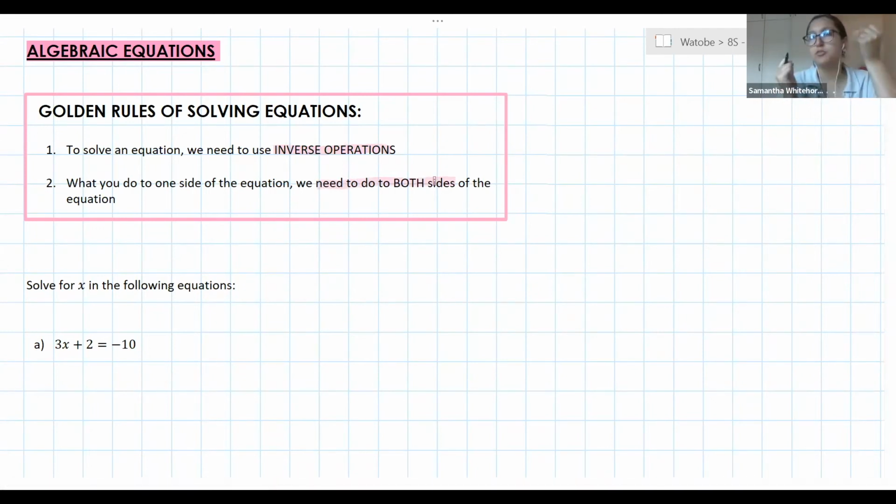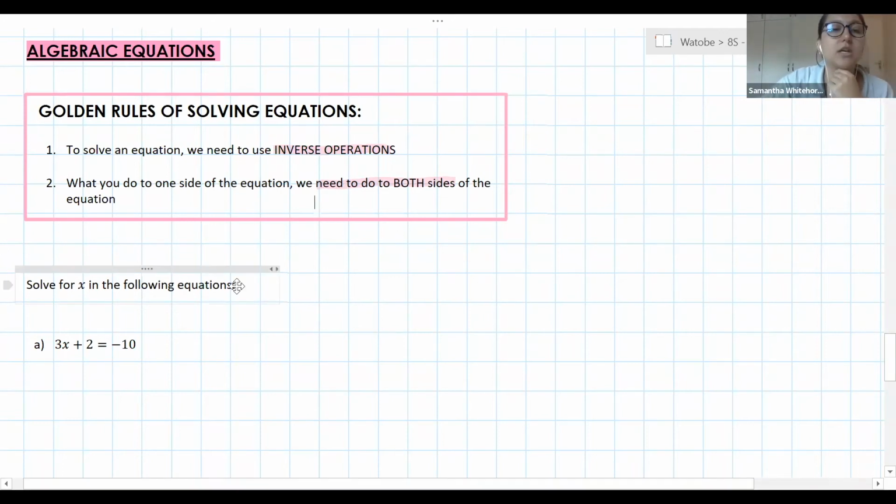Because if I subtract 2 on one side and don't subtract 2 on the other side, it's going to disturb the balance. So when I'm doing my inverse operations, I need to do it on both sides of my equation. That's very important to remember.